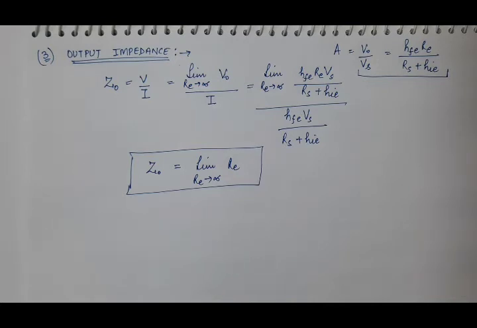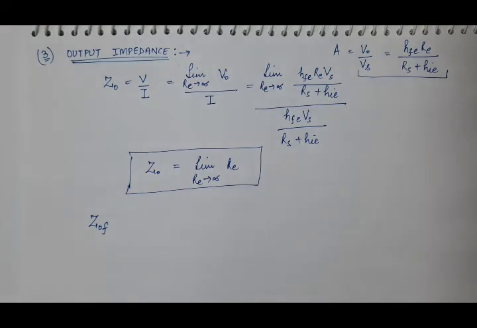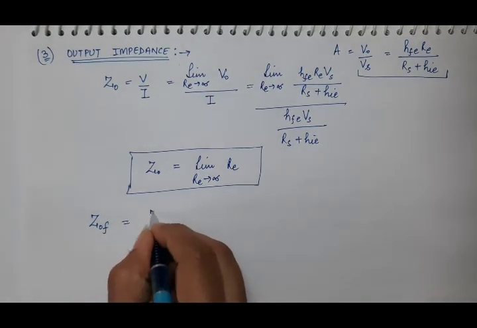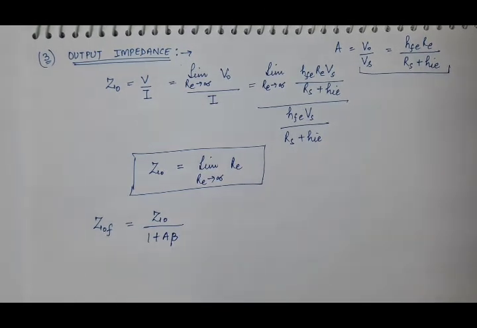So now we will calculate output impedance with feedback, and we know how this is related to output impedance without feedback by this expression. We have already derived this expression in one of the advantages of negative feedback, that output impedance decreases on applying negative feedback.